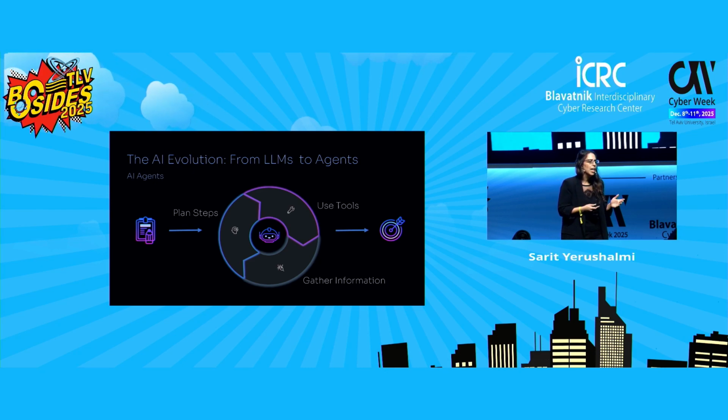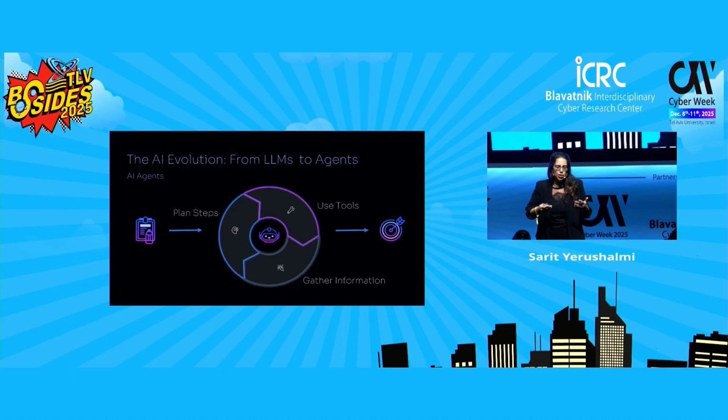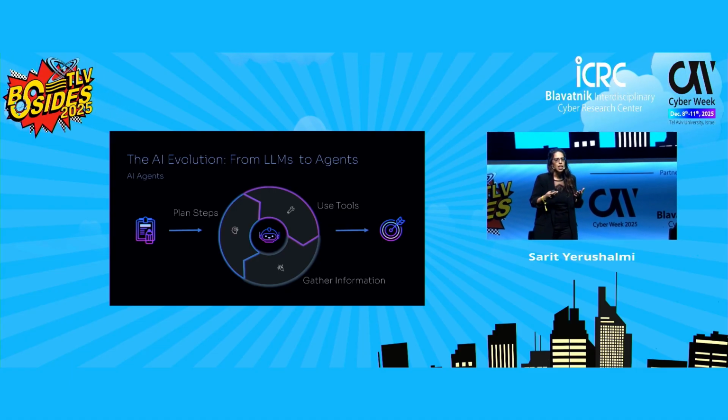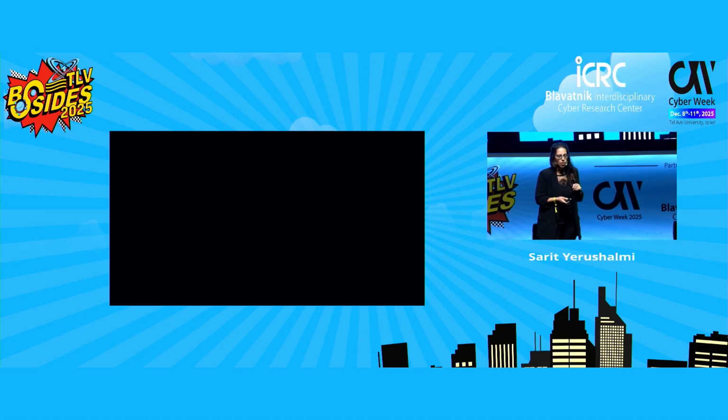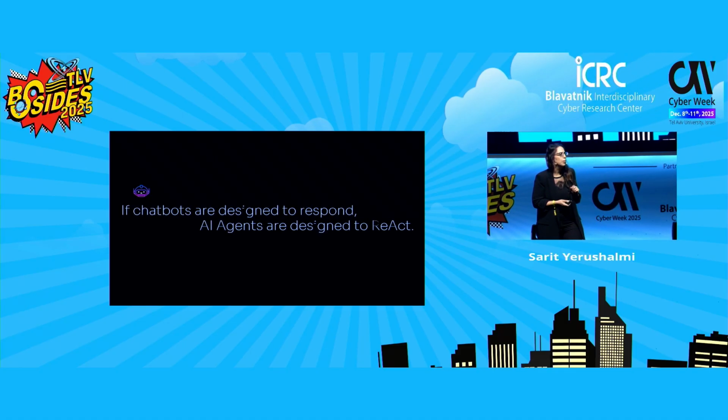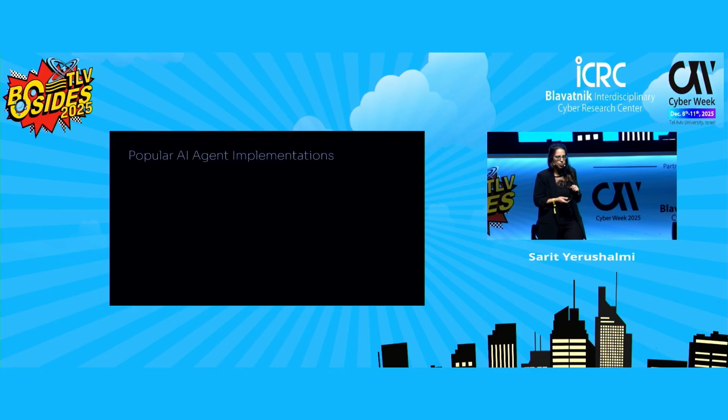Instead of a human guiding them, the agent decides what to do next, reasons as it goes, and can even repeat the loops until it achieves the goal. So we can say that if chatbots are designed to respond, AI agents are designed to react.